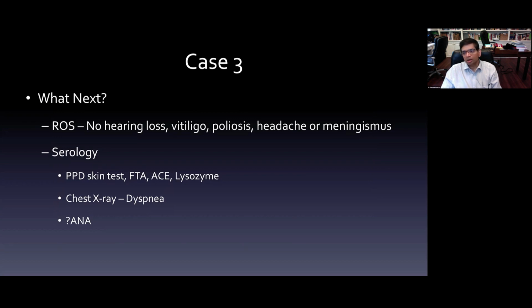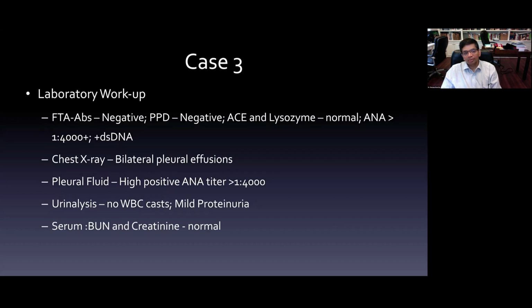The chest x-ray was done for the dyspnea and revealed that she had severe bilateral pleural effusions. She had a liter of fluid removed from one side of the thoracic cavity alone, and about half a liter from the other. When we evaluated that fluid, it was ANA positive. This patient had very high titers of anti-nuclear antibody and double-stranded DNA.